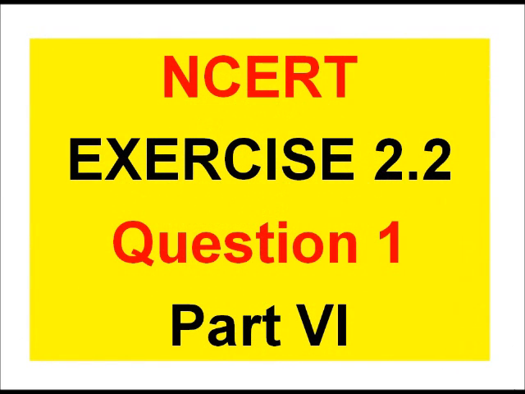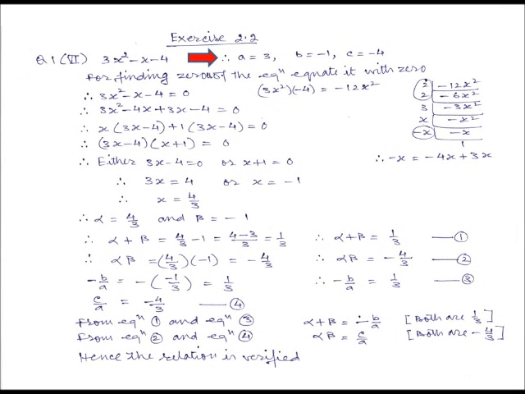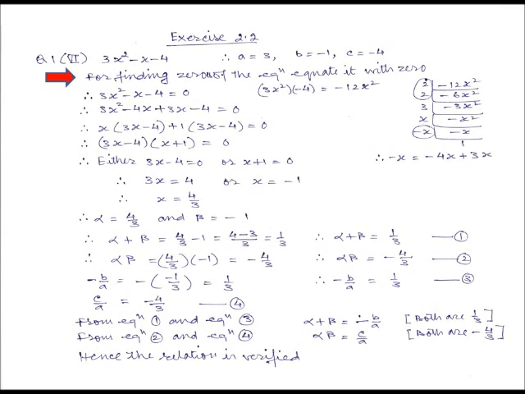Now, we will start the sixth part of question 1. The equation is 3x square minus x minus 4. By observing the equation, we find that a is equal to 3, b is equal to minus 1 and c is equal to minus 4. For finding zeros of the equation, equate it with 0: 3x square minus x minus 4 is equal to 0.